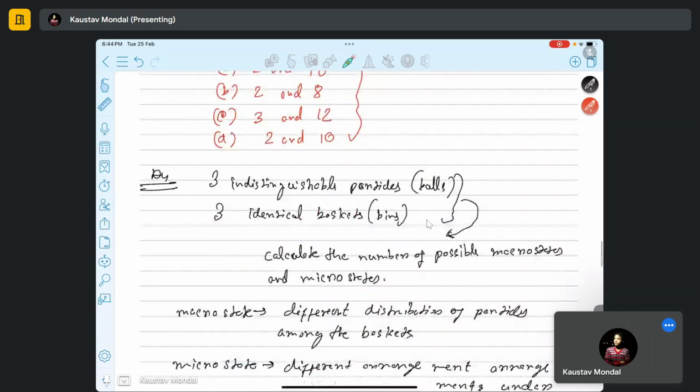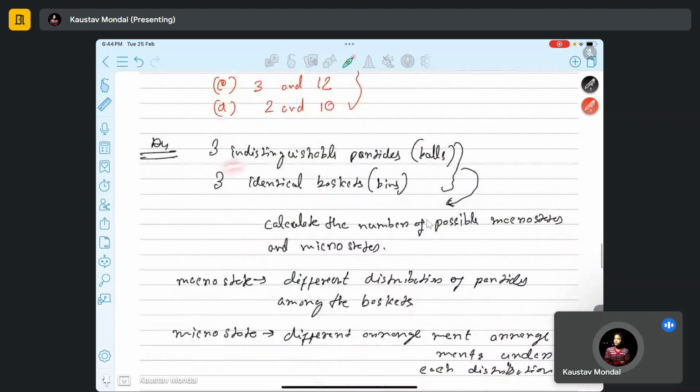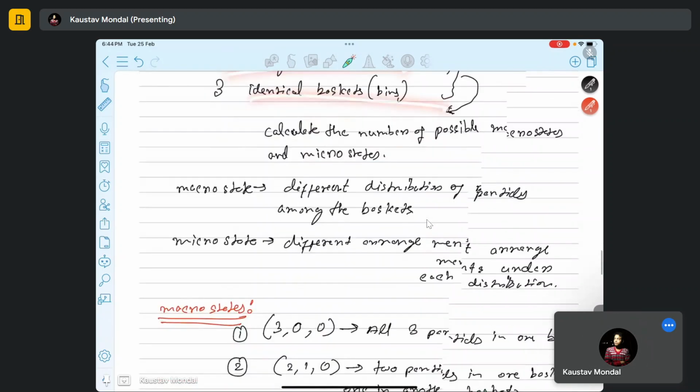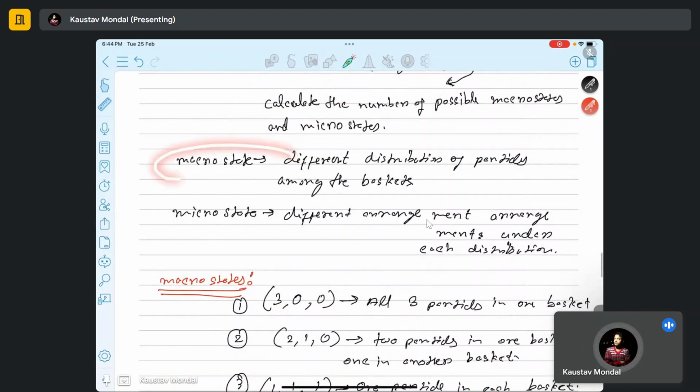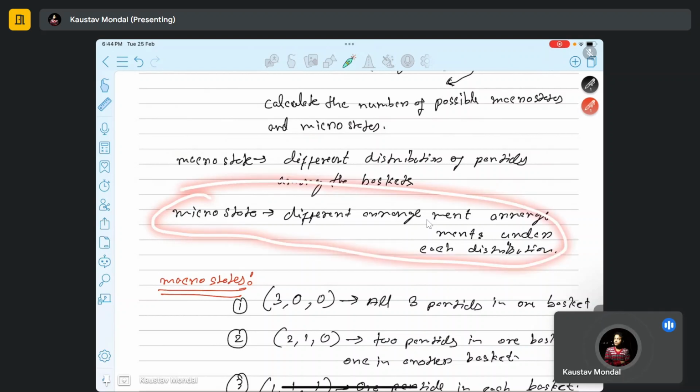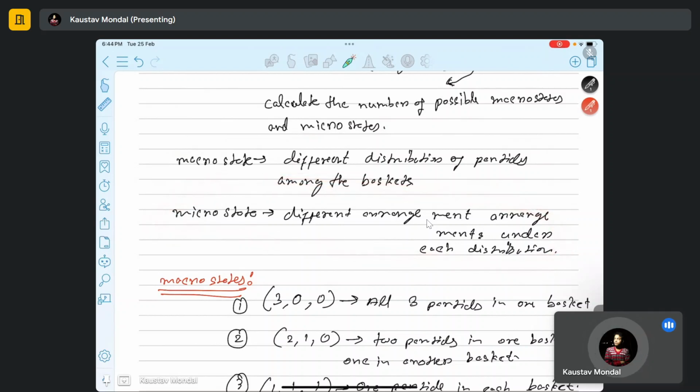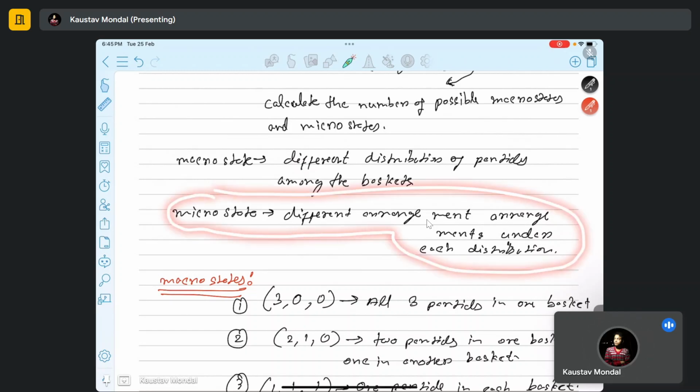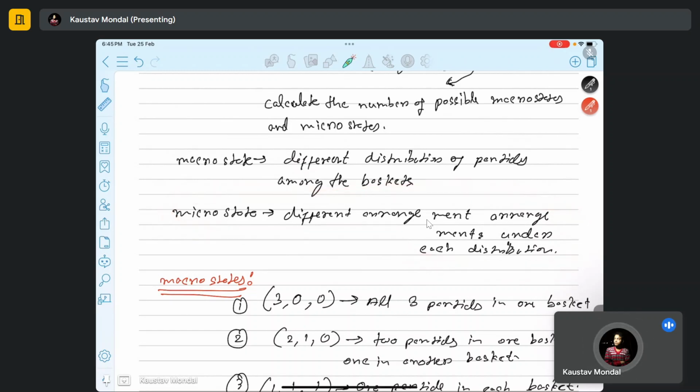A macrostate means the different types of distribution of the particles among the baskets, and microstates give you the different ways of arrangement. Under each distribution you can arrange the particles in different ways, and each way gives one microstate. So we have to calculate the total microstates for this problem.